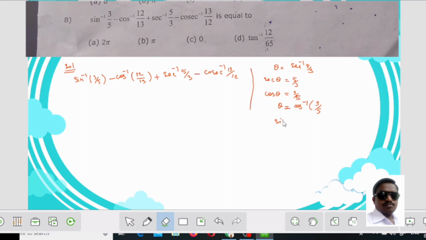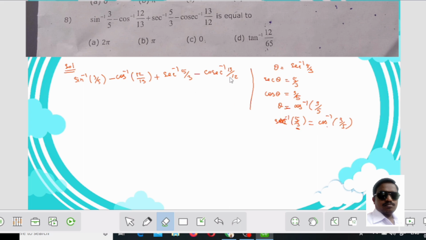So finally we got secant inverse of 5 by 3 equal to cos inverse of 3 by 5. See, while inverting the fraction 5 by 3 into 3 by 5, secant inverse will become cos inverse.